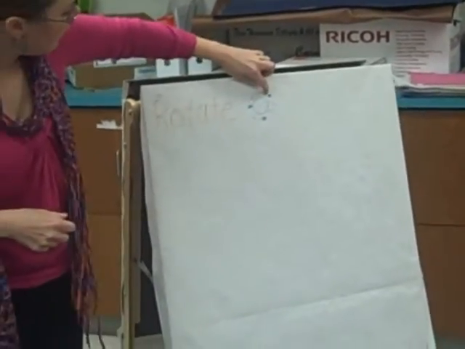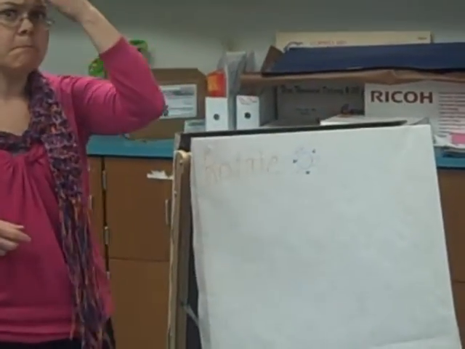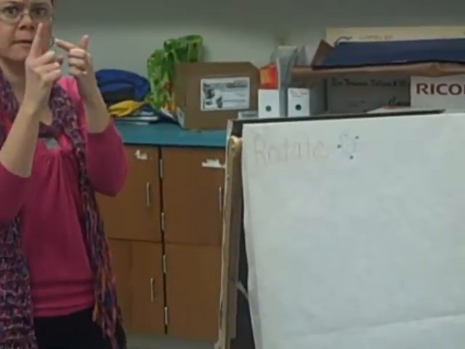There's my quick sketch if you need help making a quick sketch. I drew a circle with an imaginary line and I have the arrows going around, and that would help me remember that it's going around and around.